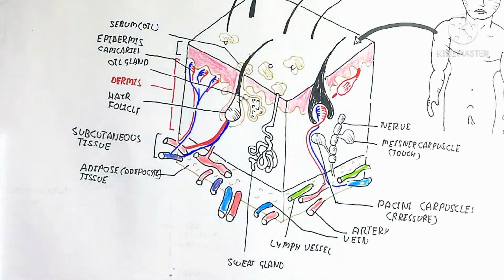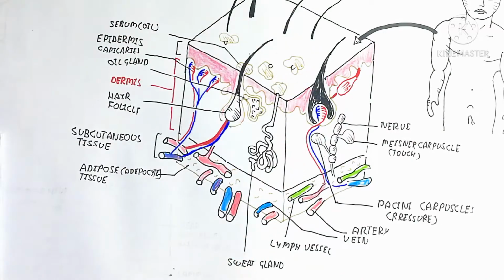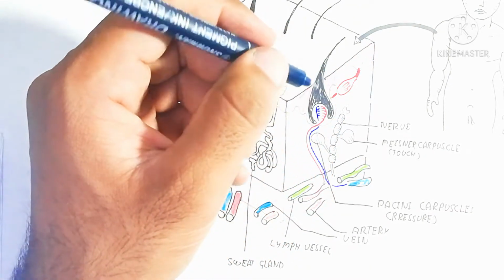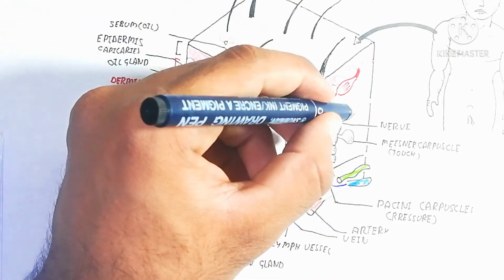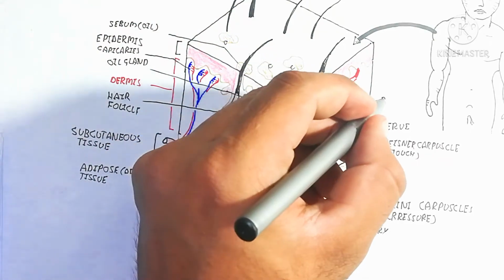On the other hand, beside the hair and the oil gland is the arrector pili muscle. The red color shows the muscle which is attached to the skin epidermis.